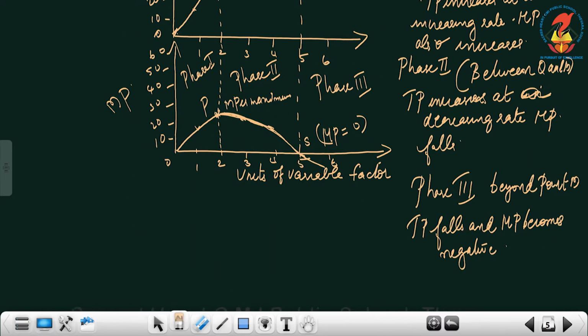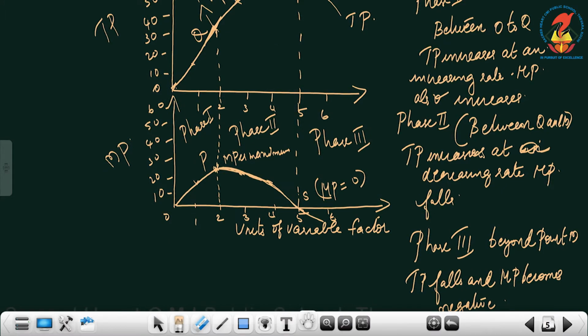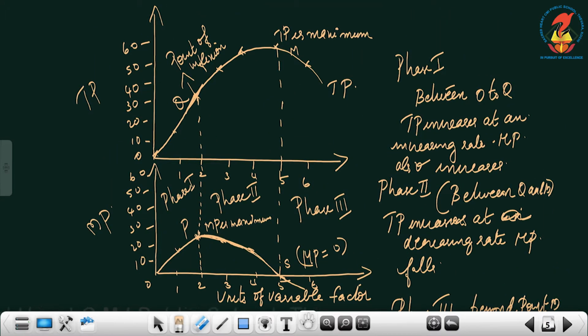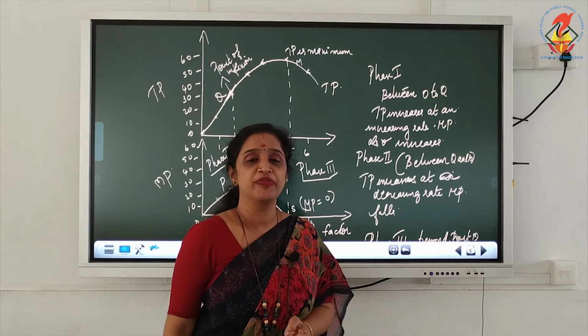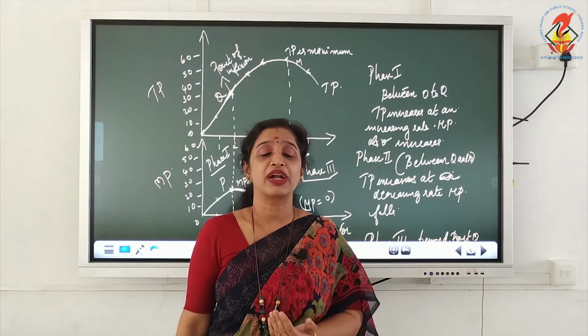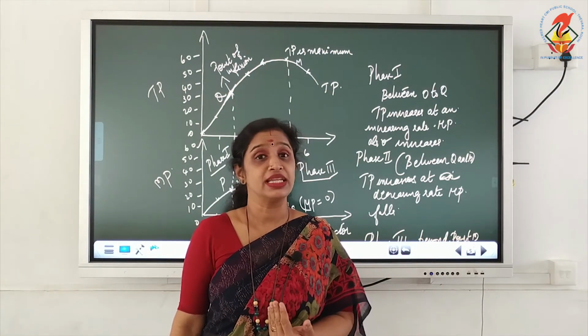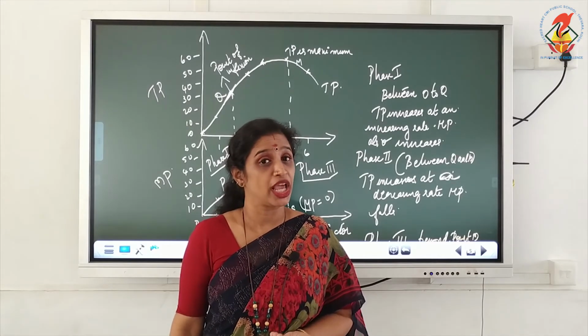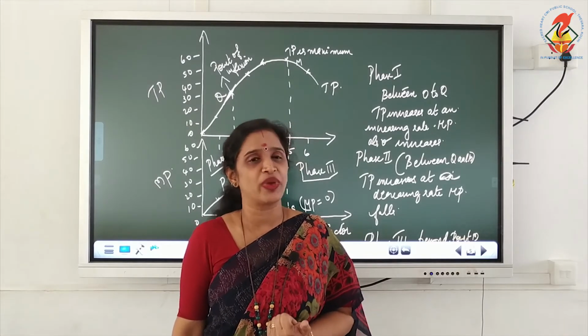Now, based on the diagram, we can explain the same. See the diagram. Now this is the diagram, in which I have marked phase 1, phase 2 and phase 3. What we have learned is that in phase 1, total productivity increases at an increasing rate from 10 to 30, a jump of 20.